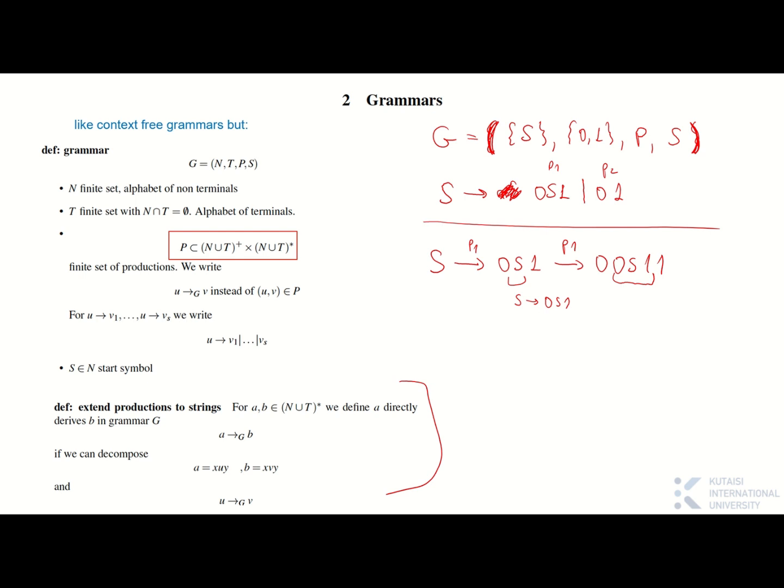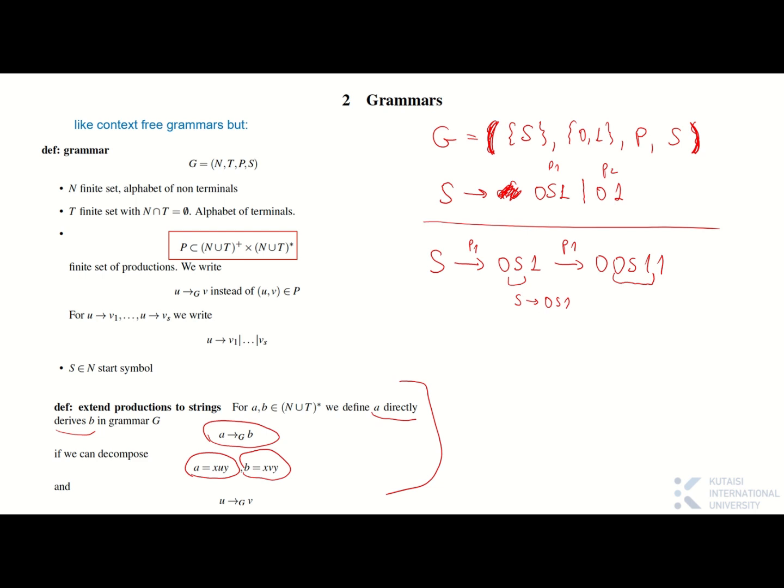That's why I didn't give you a definition first; I'll give you an example. But this means that I will say that A directly derives B in grammar G if A is equal to X U V and B is equal to X V' V, where U derives V'.